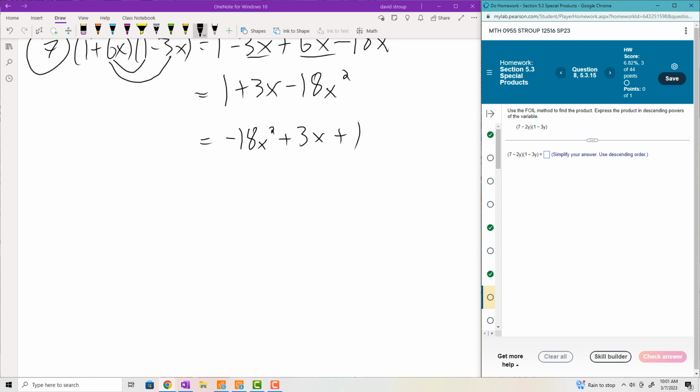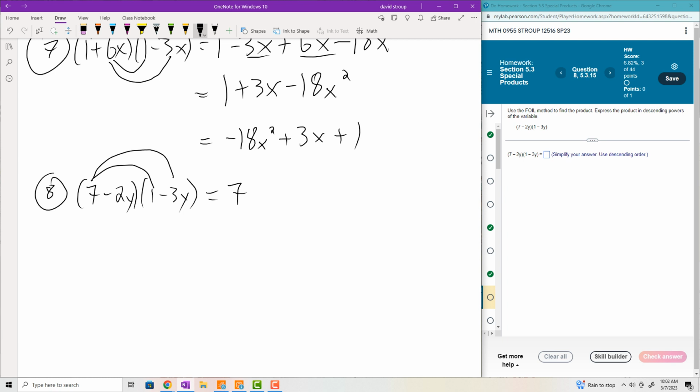So again, number 8, you're going to have the same issue. 7 minus 2y times 1 minus 3y. Okay, so 7 times 1 is 7, and then 7 times negative 3y is negative 21y. And then negative 2y times 1 is negative 2y. And then negative 2y times negative 3y is plus 6y times y, which is y squared.